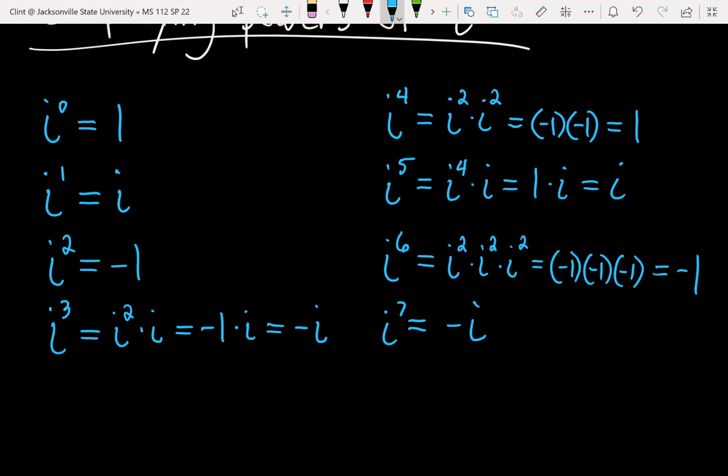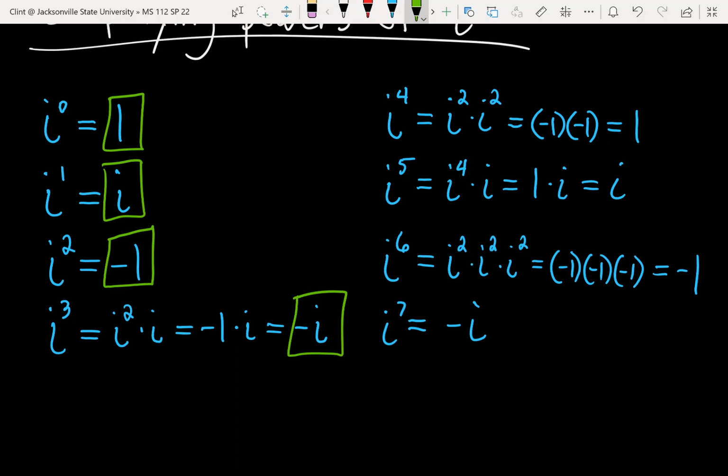So no matter what integer exponent we raise i to, we've only got one of 4 possibilities for the answer. We're either going to get 1, i, negative 1, or negative i. Because if we keep going, we get bigger and bigger exponents.